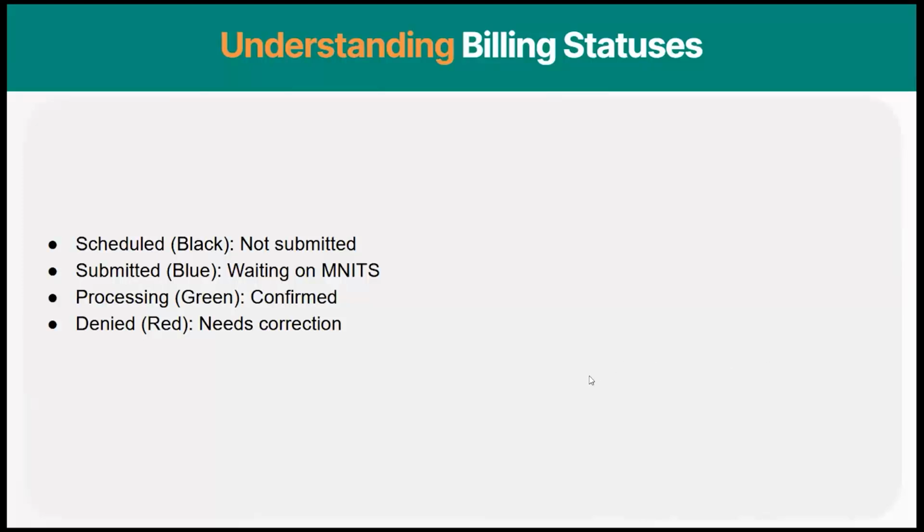Then processing, in green, means the claim has been confirmed and is moving successfully through the review process. Lastly, denied, in red, means that there is an issue that needs to be corrected before resubmitting the claim. Understanding these statuses helps you quickly identify where claims are in the workflow and resolve issues faster.